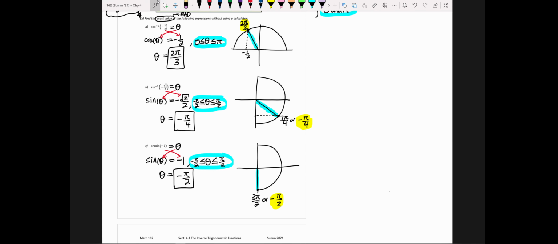Do the inside first, then the outside. Whenever you're working with inverse trig functions, make sure that your answer is in the restriction for that inverse trig function. If you get a coterminal angle not in the restriction, your final answer may be wrong.